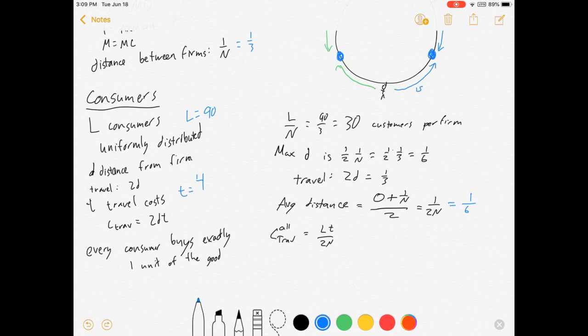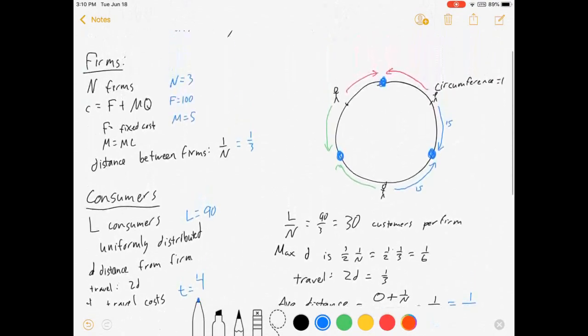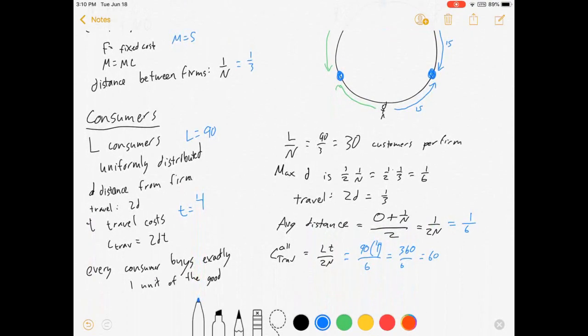So in this example that comes out to be 90 times 4 over 6, which is 360 over 6, which is just 60. So in this market, in this Salop circle, with these 90 consumers, $60 are being spent on travel.